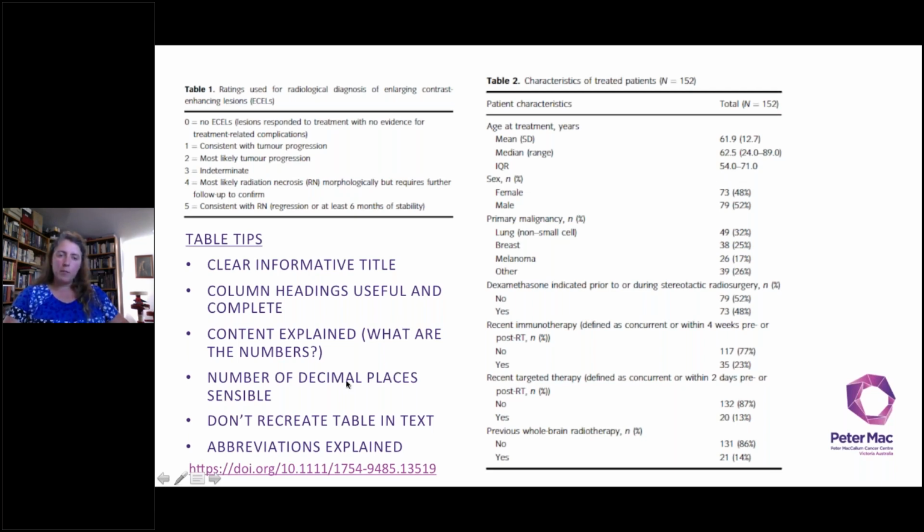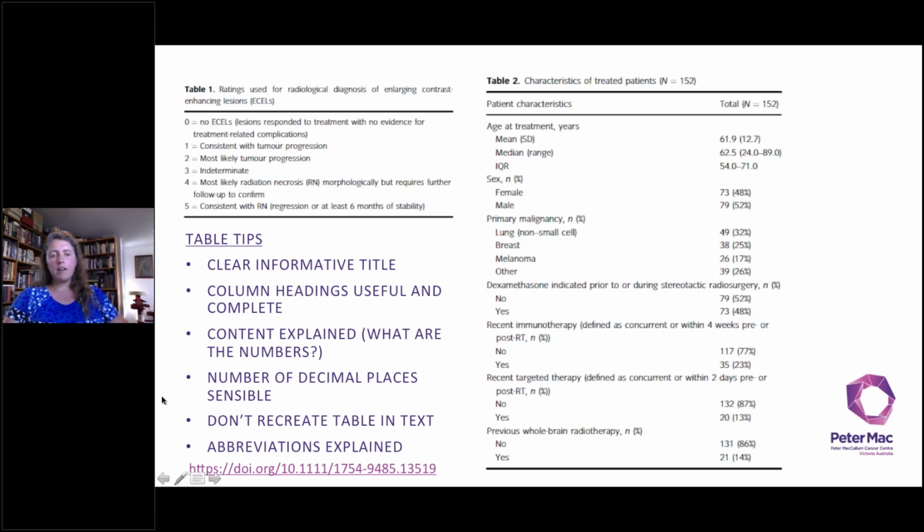One particular bugbear for some people is that the number of decimal places is sensible. We could calculate this mean of the age of treatment to 6 decimal places, but it doesn't become meaningful. So choose what is interesting and follow any of the guidelines that are specified by the journal regarding these practices.